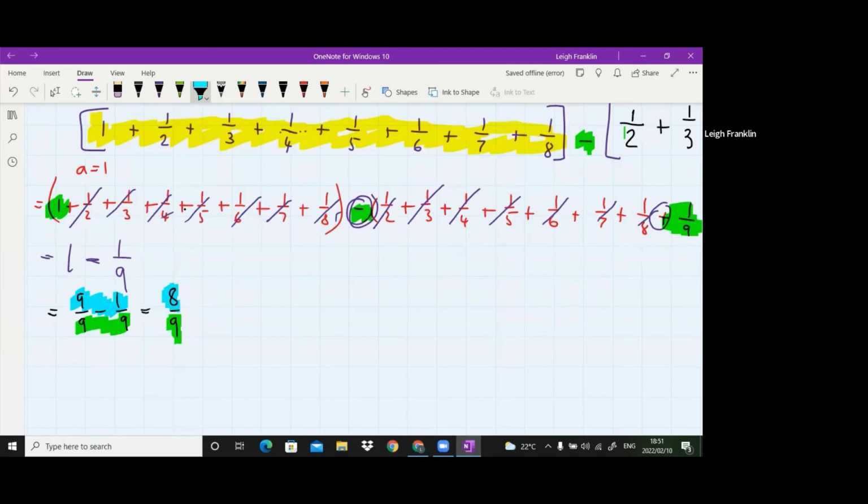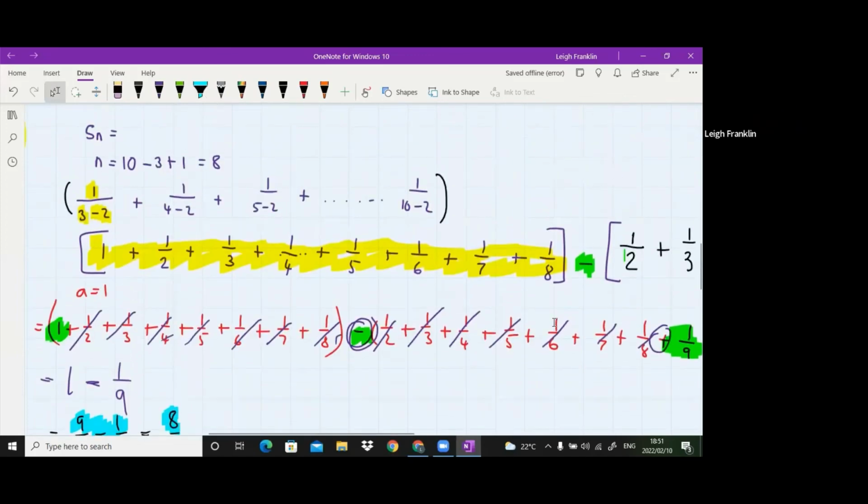So we can't use an SN formula, because there isn't a difference and there isn't a ratio. So what we've had to do is actually work out what all these terms are and then subtract what the second set of terms are going to be. It's actually a clever pattern because I'm going plus, minus, plus, minus, and then I'm just subtracting whatever is left.